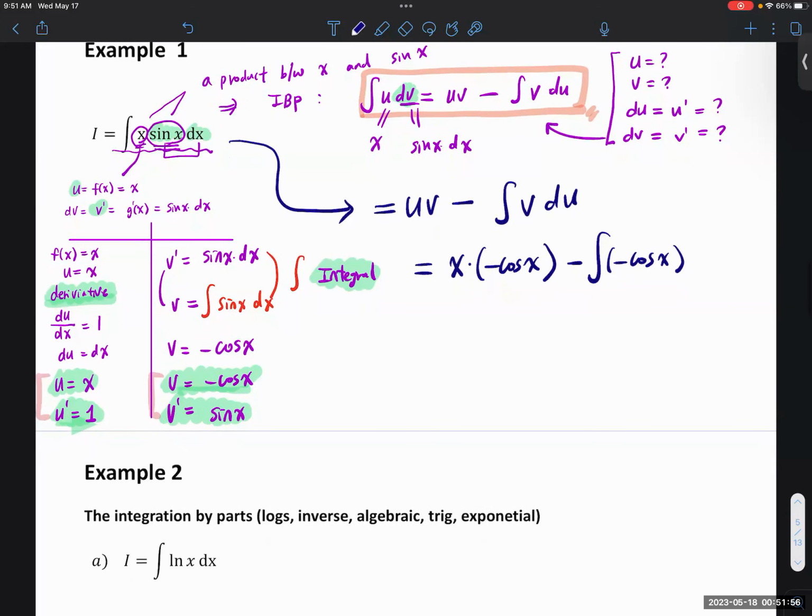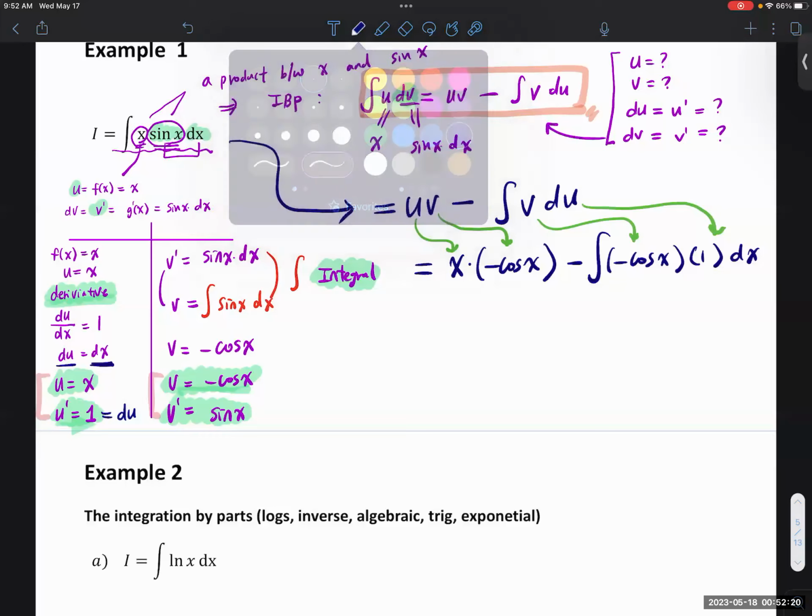Remember, du is the same as u prime. So you have 1 dx, right? So du equals dx, 1 times dx. So we have everything. One more time, u is x, v equals negative cosine x, and du is dx.